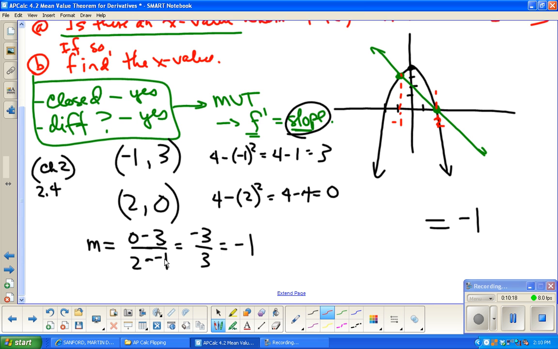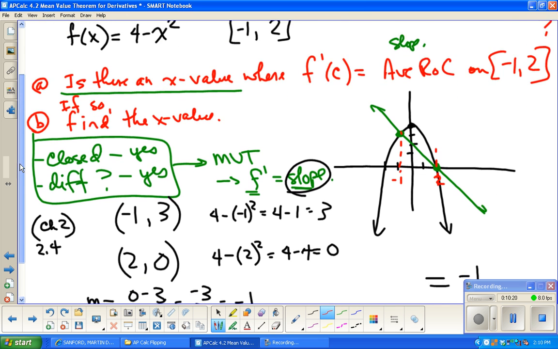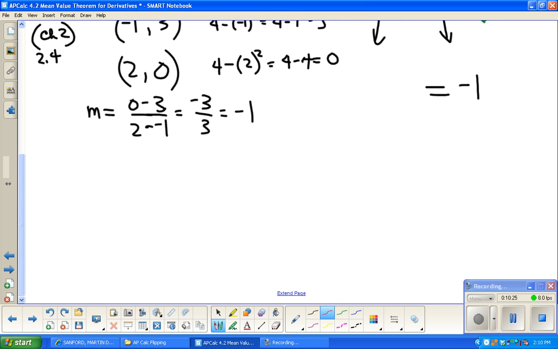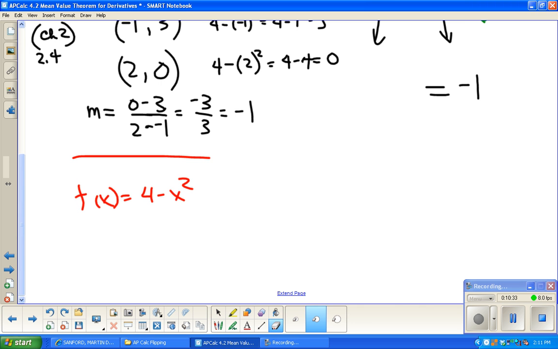The derivative, well, the original function was 4 minus x squared. Okay, so f of x is 4 minus x squared, f prime is negative 2x.